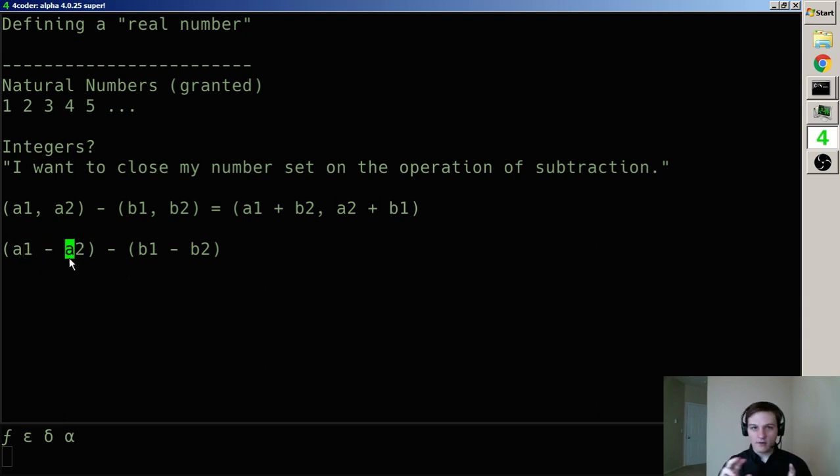So this isn't rigorous. This is just intuitive, okay? But if this is how we write our pair, then we can see that this is the pair that you get when you do a1 minus a2. And that's what this pair means. But we can't say that this is a1 minus a2 because if these are natural numbers, then this might not be defined. This pair is just some arbitrary pair, but this might not be defined, right? So this is the non-rigorous way of looking at it.